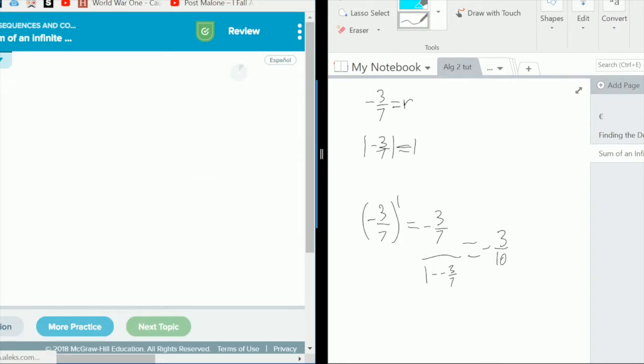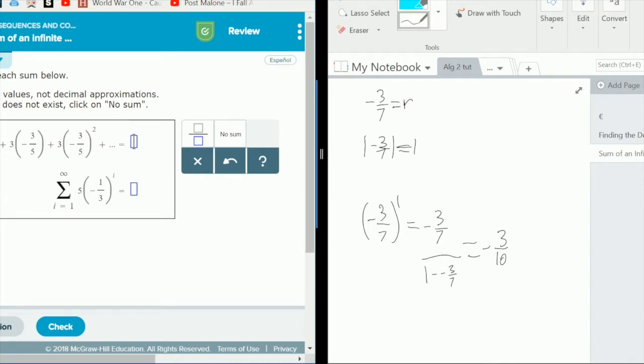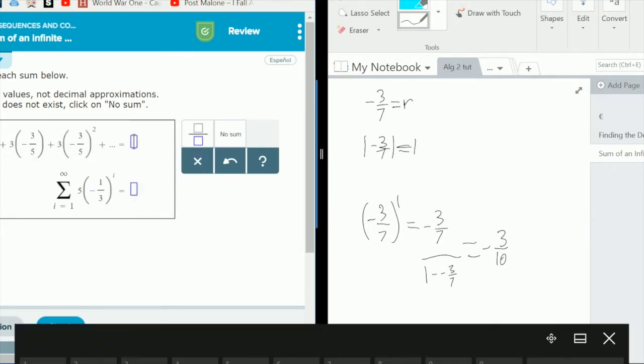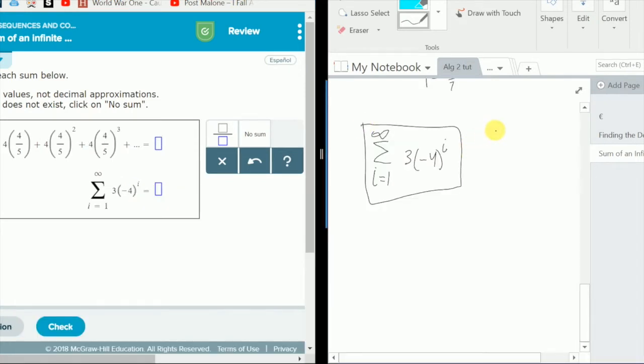Now let's try one more. Let me show you another example of a scenario where there is no sum. We've found an example where the answer will be no sum. We've got the sequence right here. As I said, the number in the parentheses will always be r.